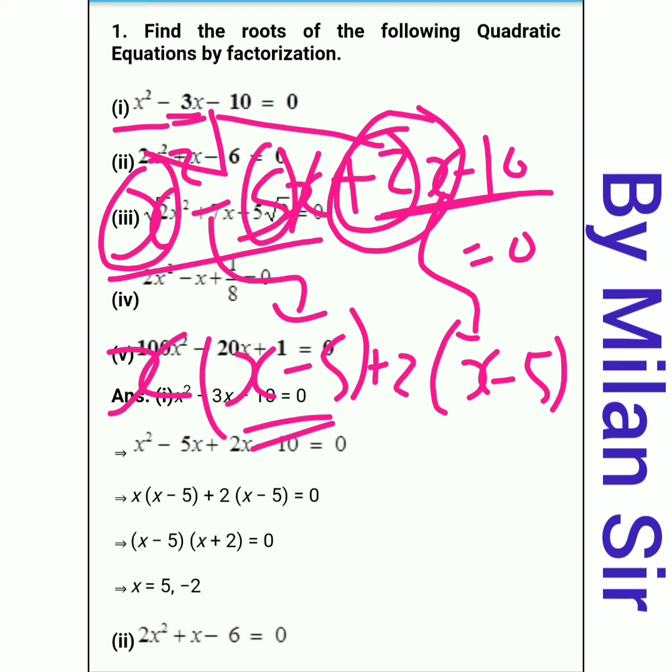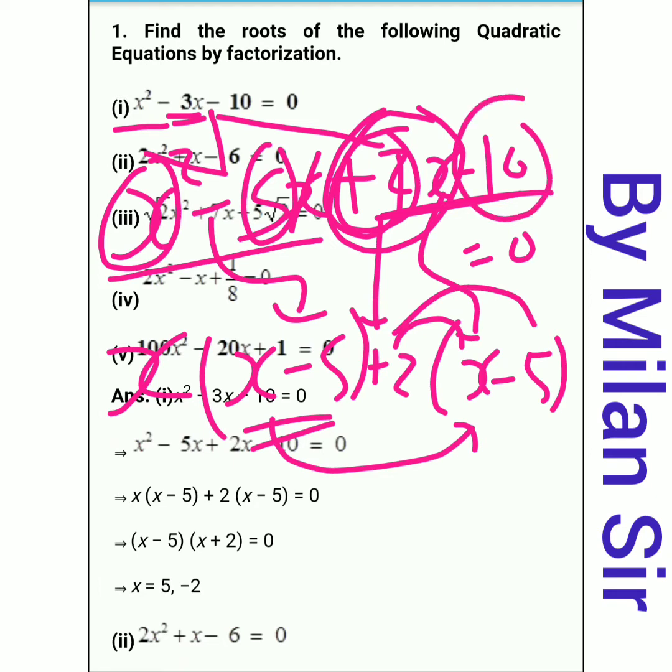If you multiply this 2 with the bracket, 2 times x is 2x, and 2 times 5 is 10, with minus times plus giving minus, which is already there. So this is equal to 0.